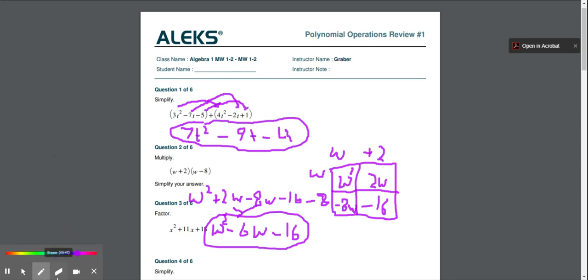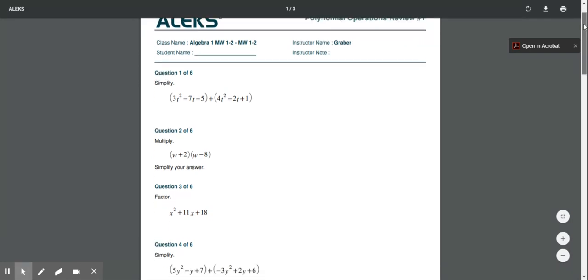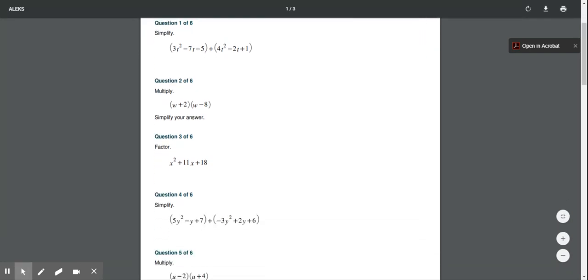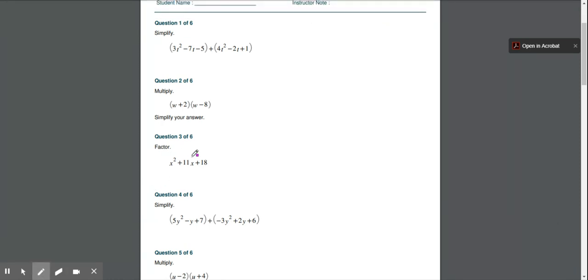One more, the factoring. This one might be a little trickier. Let's look at this third one here. For factoring, this is the one where you have to go backwards to create two binomials. So we want to find two numbers that multiply to make 18, add to make 11.